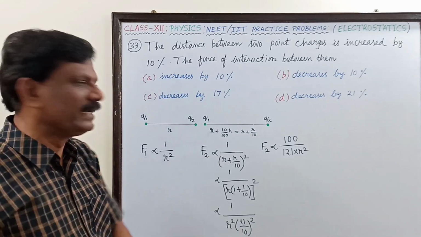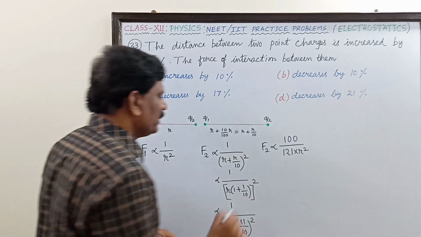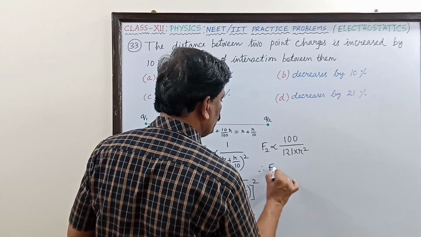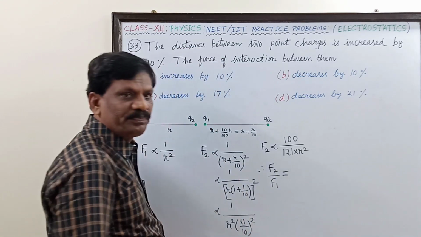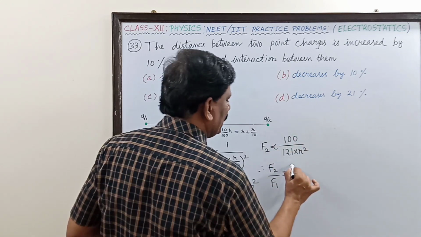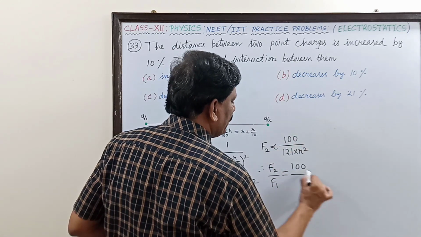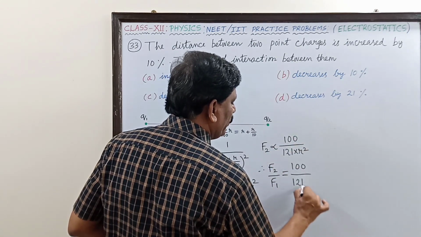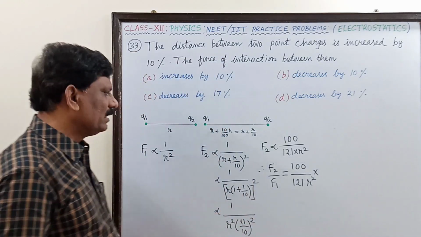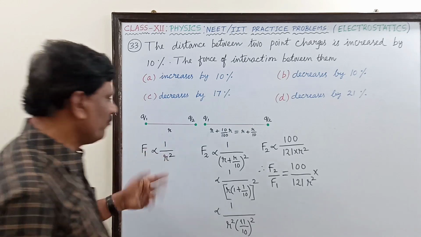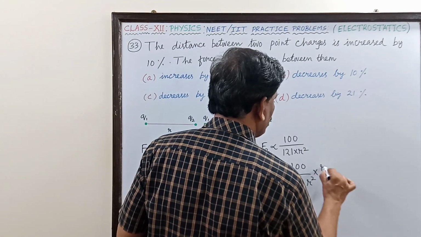Now we want to get the ratio of F2 and F1. Therefore F2 divided by F1 is equal to 100 divided by 121 R square, multiplied by R square by 1 by F1.